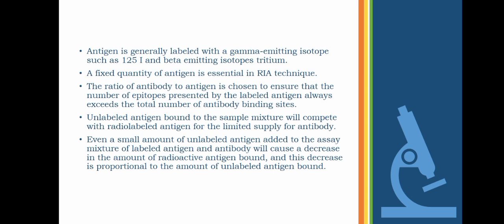Even a small amount of unlabeled antigen added to the assay mixture of labeled antigen and antibody will cause a decrease in the amount of radioactive antigen bound, and this decrease is proportional to the amount of unlabeled antigen bound.